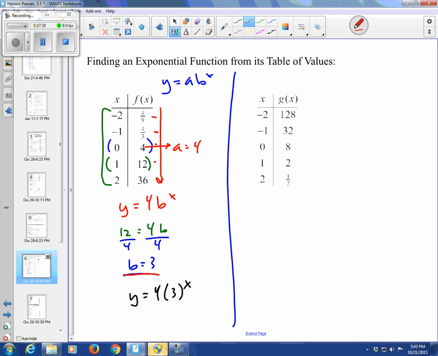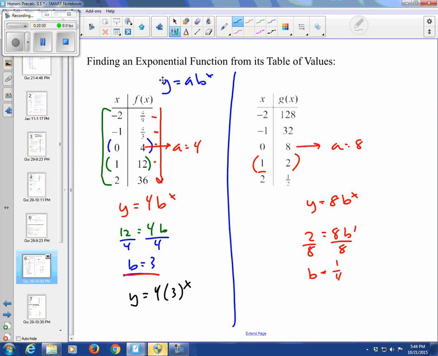Okay, so right here, immediately we can say a equals 8, right? And then from there, we can say that we have y equals 8 times b to the x. We can take the next ordered pair we have, or basically the ordered pair with an exponent of 1. And right here we can say that we have 2 equals 8 times b to the 1. B to the 1 is just b, so when I divide by 8 on both sides, I get b equals 1/4.